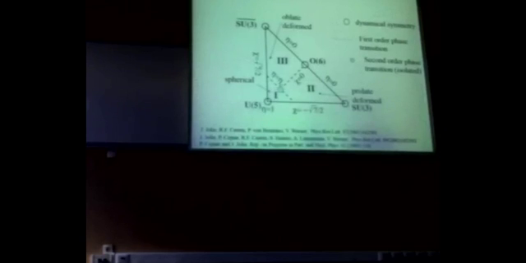Now we come to this picture, this kind of phase diagram of this very simple Hamiltonian, in which we have spherical, prolate deformed and oblate deformed, and then we have the symmetries and the first order and second order phase transitions.